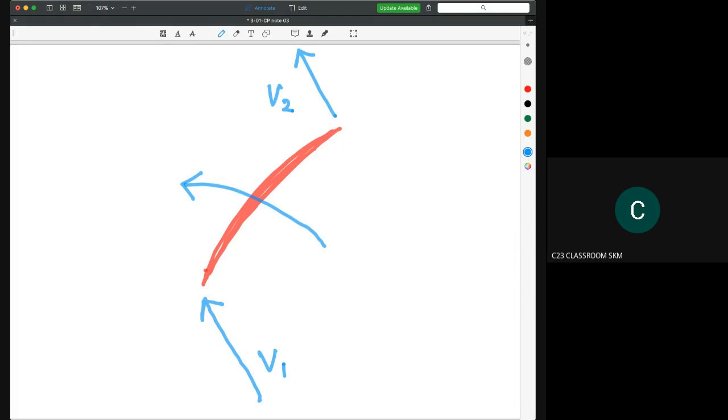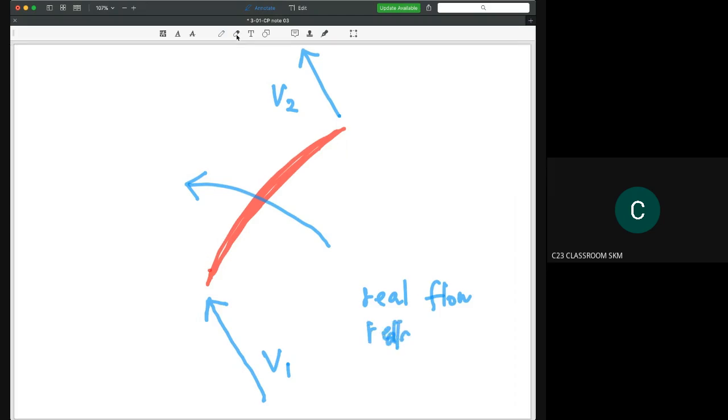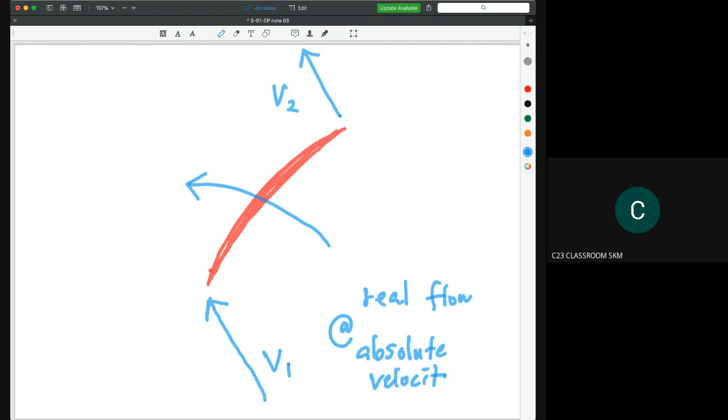So the real flow, or the real velocity, the absolute velocity, is actually the real one. If you have one piece of paper here, it will travel to this point, and then it will travel on this line.